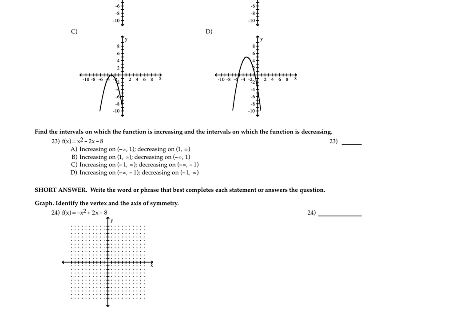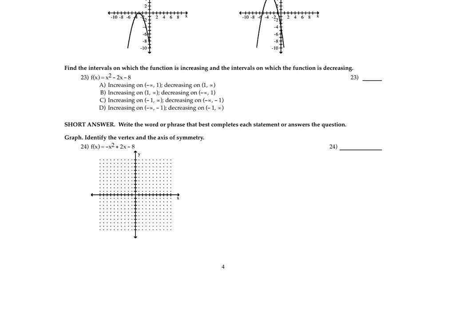Okay, on 23, we did a couple of these yesterday where we talked about increasing and decreasing. So we have to find out where that max and min is, and then identify where it is increasing versus decreasing. If your graph opens up, it's decreasing here and it's increasing here. The vertex is where it changes direction.